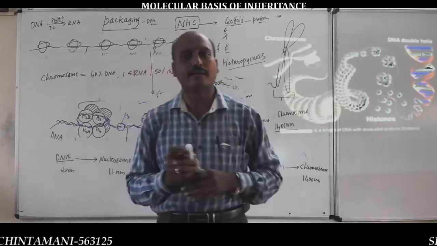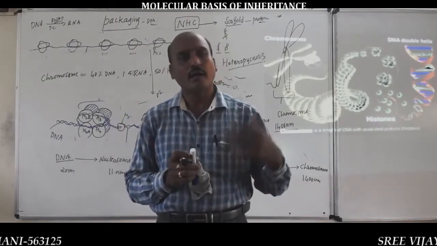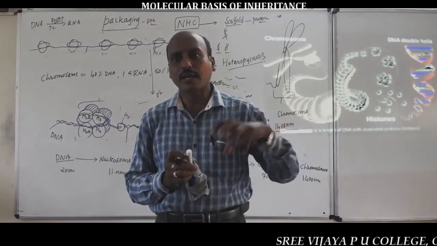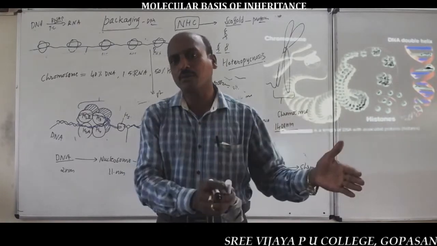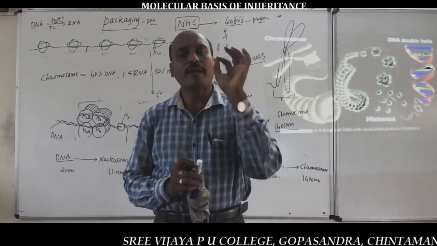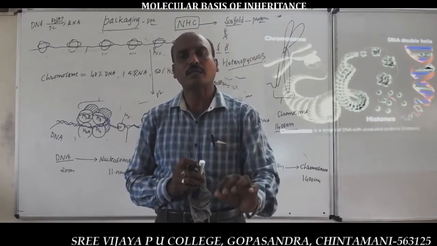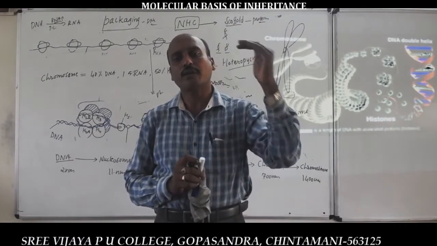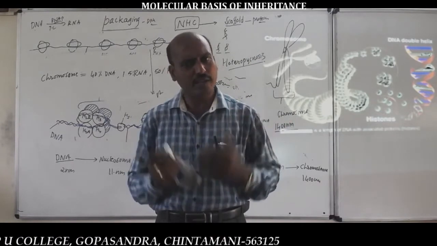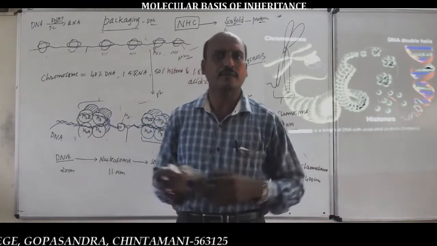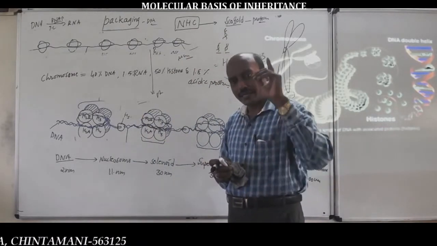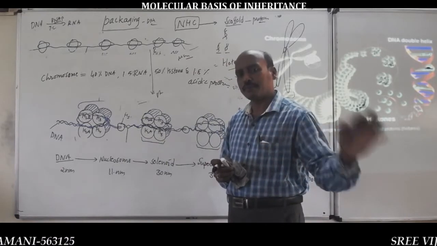Later, after ending the topic of DNA, we will discuss functional aspects or significant role of DNA. But here, the main function of DNA is the transmission of hereditary characters from parents to offspring, generation to generation. That's why DNA is the genetic material. A material carrying the genetic characters, genetic properties is called genetic material.